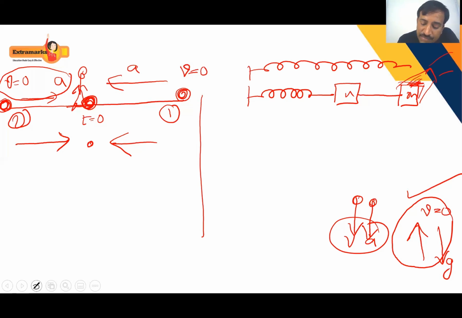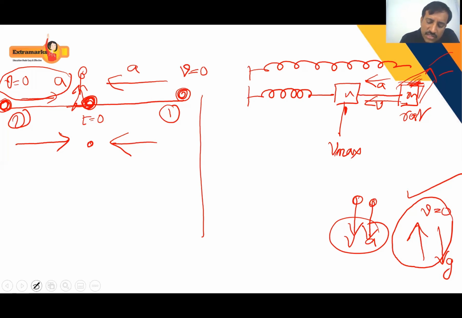When I release it, this is the starting point, released from rest. When I release this, obviously what will happen? This spring will pull it back. So the spring force is like this, restoring force, and this body will accelerate. Why? Acceleration and velocity are in the same direction. Now till here it was accelerating, so at this point velocity is maximum.